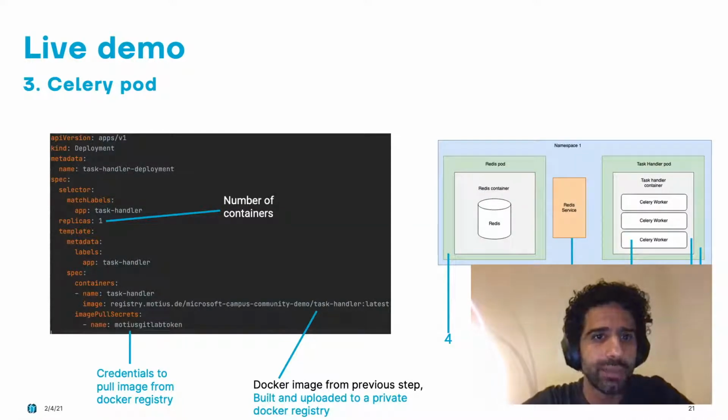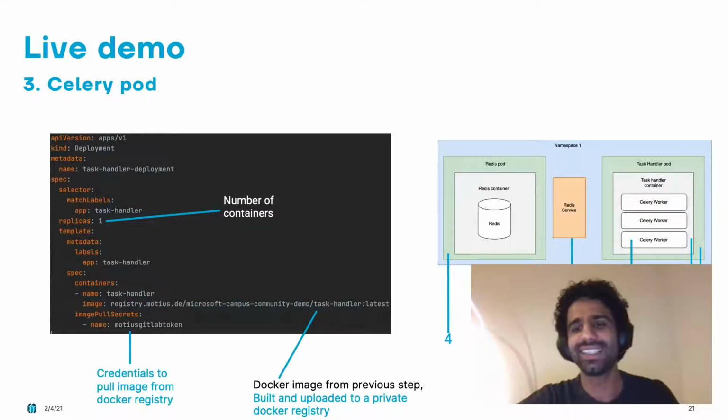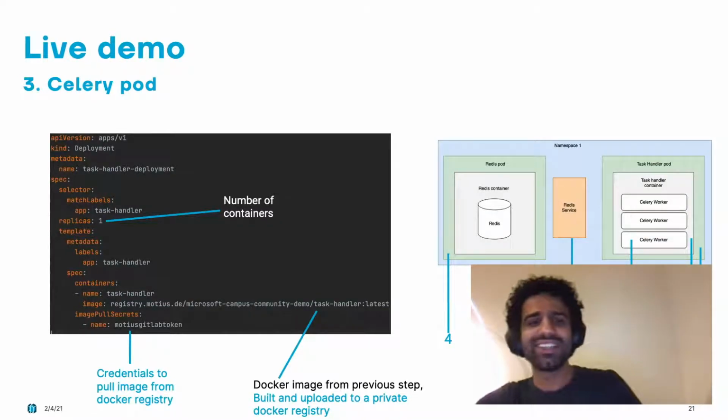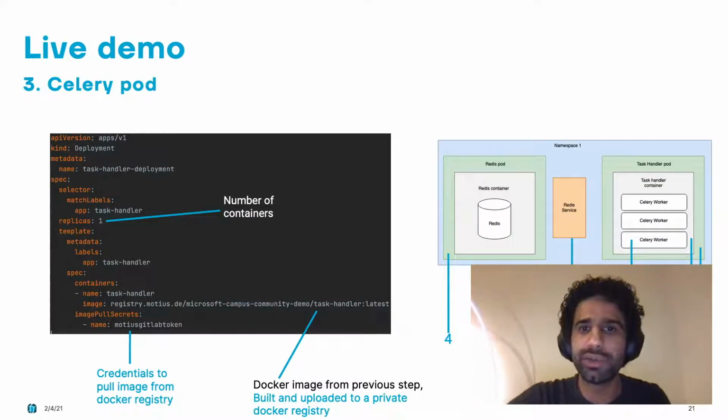There's a question. I'm going to read it. In case you're using the Kubernetes service of the cloud provider you trust, then you can also use their Docker registry. Yes, that's correct. Thank you, Sandro. Yes, all the major cloud providers offer you their own registries. Azure has one, Google has Container Platform.